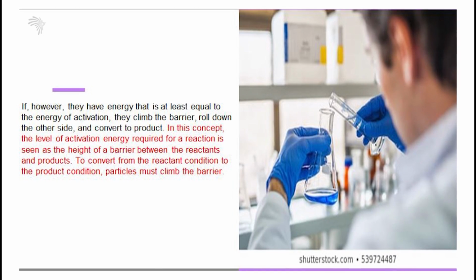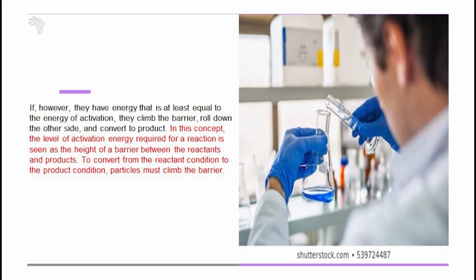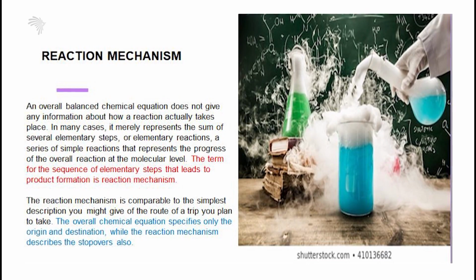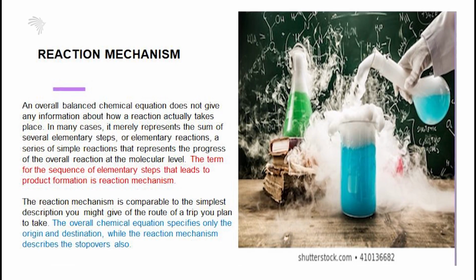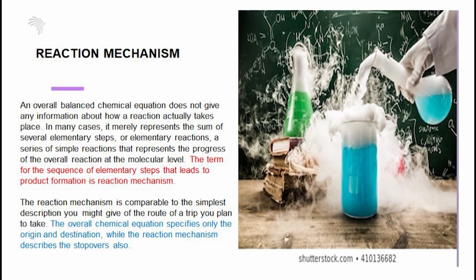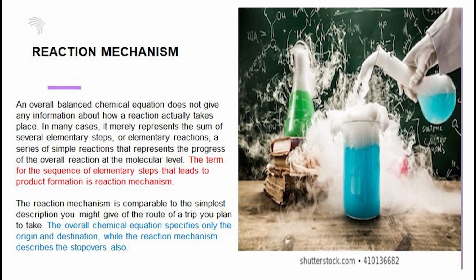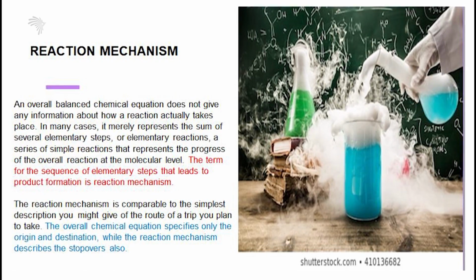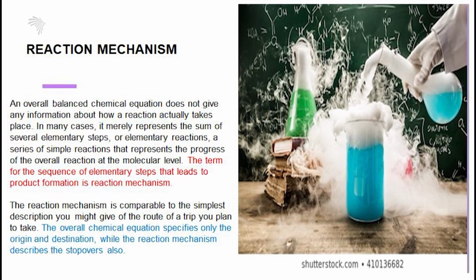The term for the sequence of elementary steps that leads to product formation is reaction mechanism. The reaction mechanism is comparable to the simplest description you might give of the route of a trip you plan to take. The overall chemical equation specifies only the origin and destination, while the reaction mechanism describes the stopovers also.